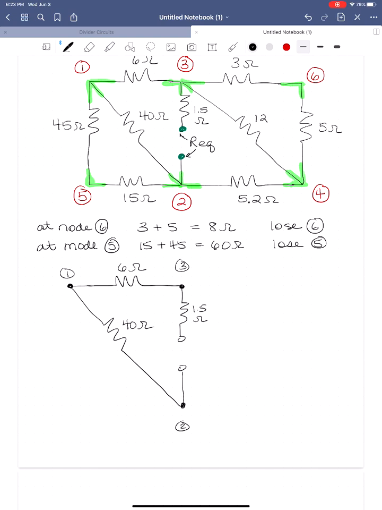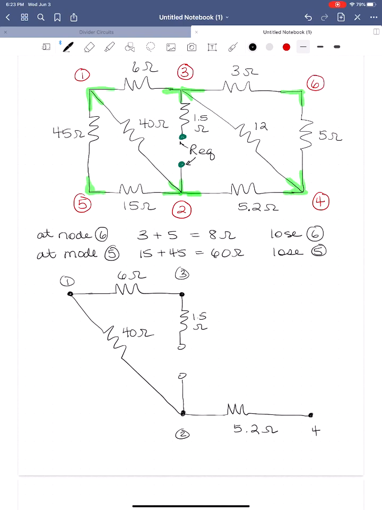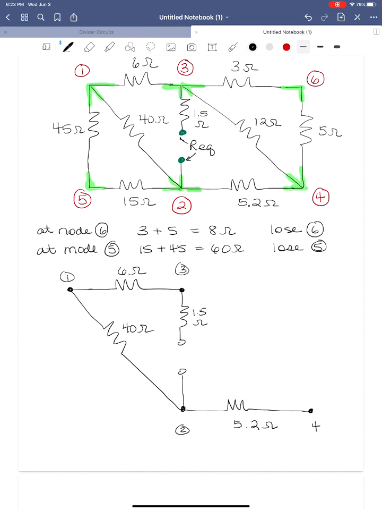Then down here at node 2 to node 4, I still have that 5.2 ohm resistor. And then I also have that 12 ohm resistor from node 3 to node 4. Okay, so we've got everything that we had beforehand.